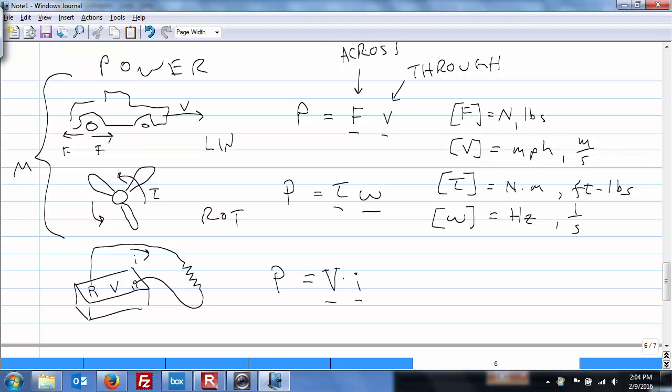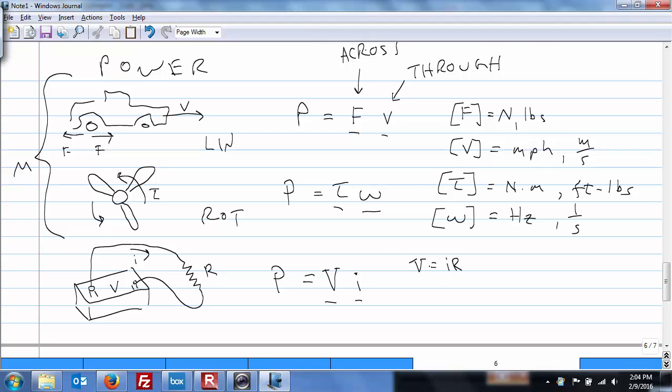Let me follow up on this one really quick, because somebody wanted to know how I turn that into heat. So I also know that V equals IR. So voltage equals current times resistance. I didn't draw my resistor here, but there it is. There's my resistance.